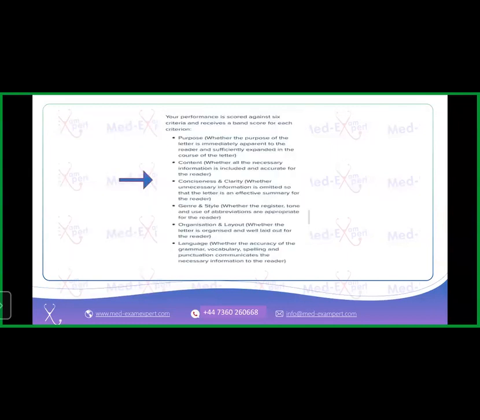Okay, so this is basically an example of a criteria on which you are judged and scored in the professional OET exam. There are many other criteria written, but right now what is of concern for us is this portion, conciseness and clarity. It says whether unnecessary information is omitted so that the letter is an effective summary for the reader.